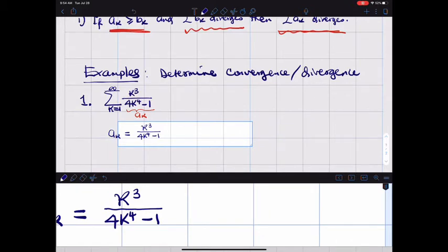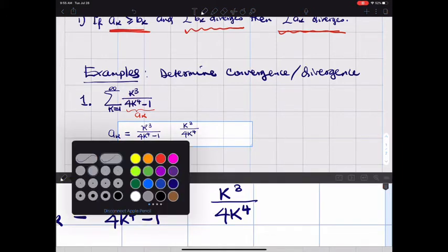I'm going to compare this fraction, k cubed over 4k to the power of 4 minus 1, to k cubed over 4k to the power of 4.